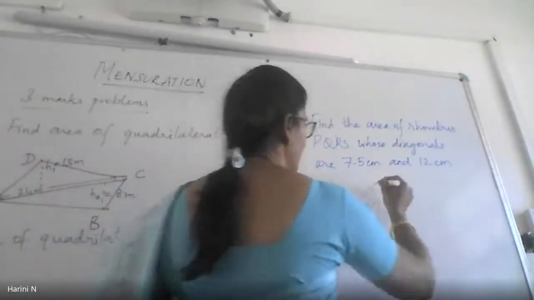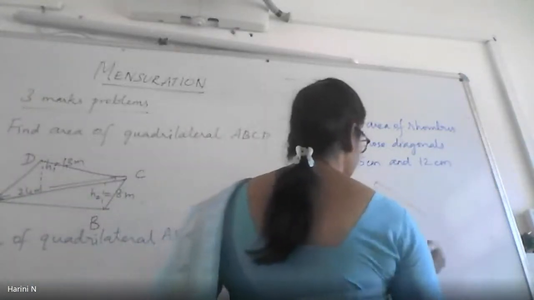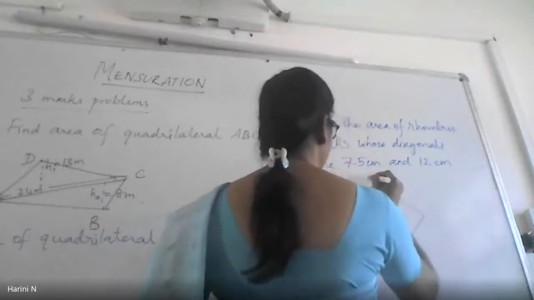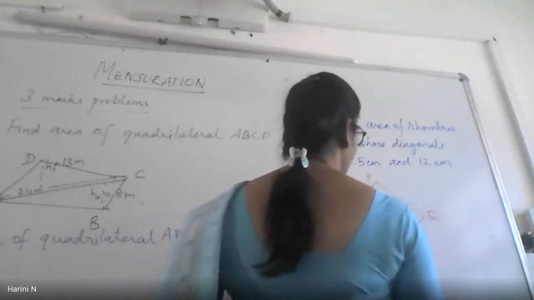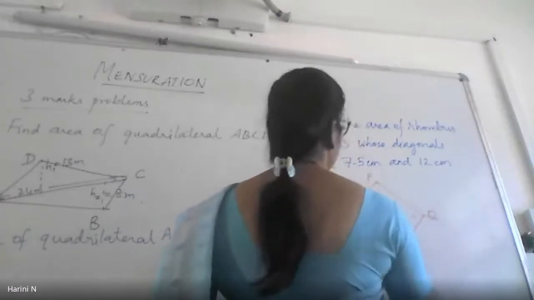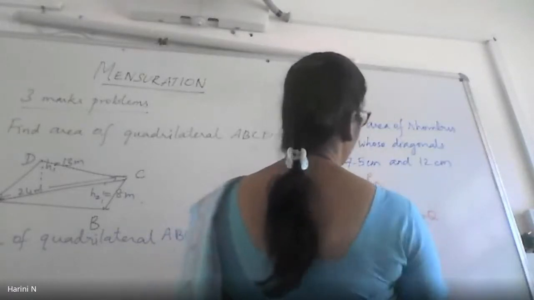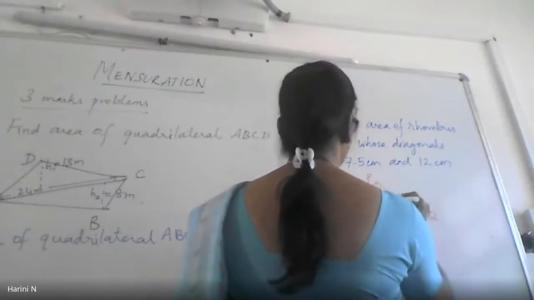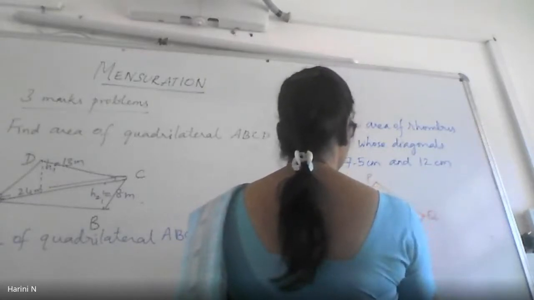So PQRS, the best way you can draw the rhombus is this. Please use a scale and draw it neatly, PQRS. So the two diagonals are given. Say PR is 7.5, any of them can be 7.5, and the other one is 12.